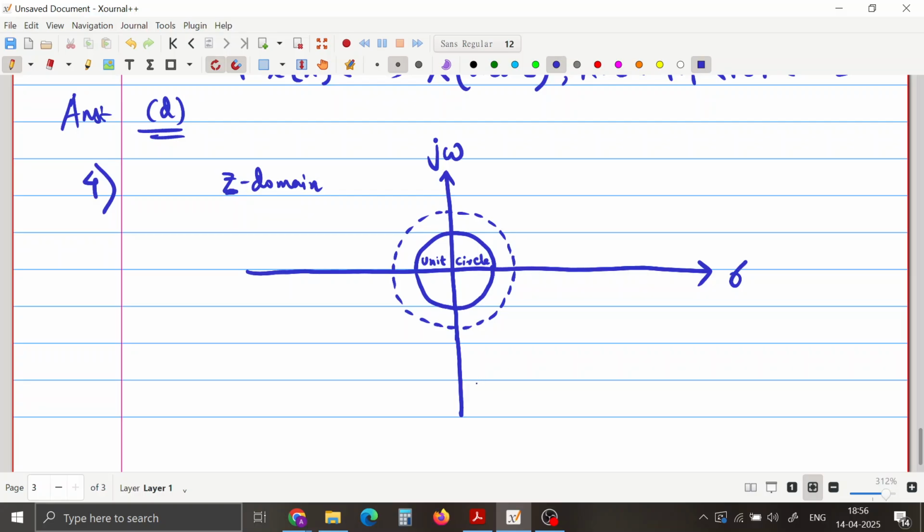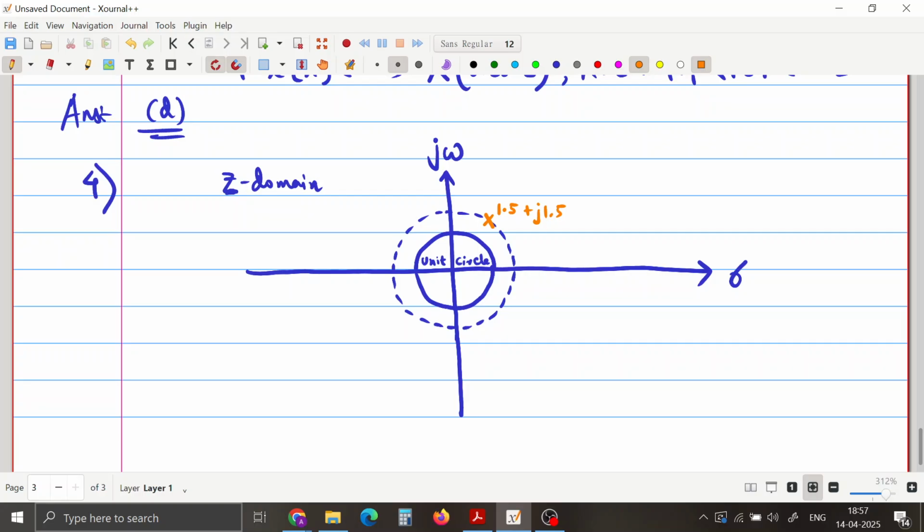And now we are given two pole locations as well. One pole is somewhere here, which is at 1.5 plus j into 1.5. This j is the square root of -1, which is iota. Somewhere it's also denoted by small i, but here we are denoting it by small j.